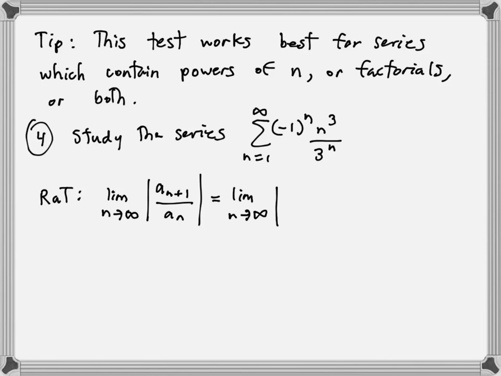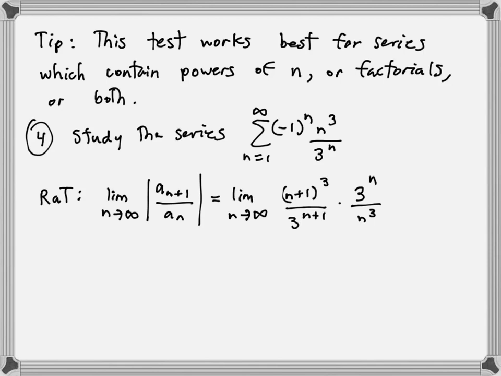It's a factor, so it's going to go away. So a_{n+1} is (n+1) cubed over 3 to the n+1, and then we multiply by the reciprocal of a_n, so that's 3 to the n over n cubed. And at this point, we can even erase the absolute value because we've gotten rid of all the negative stuff.